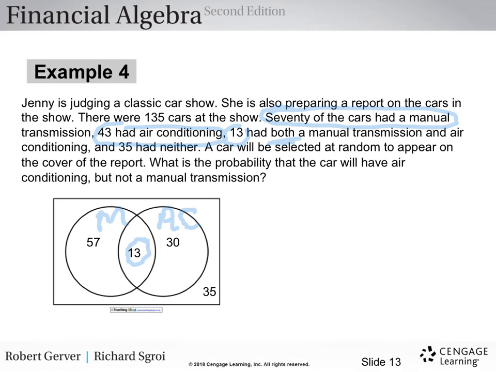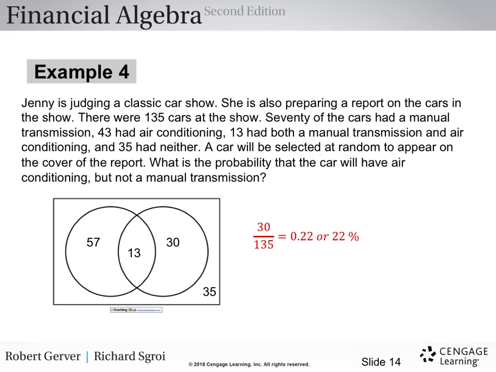That's 13. And 35 had neither air conditioning nor manual transmission. And that's this 35 here. So everything outside the two circles did not have manual transmission and did not have AC. So the question is, what is the probability that the car will have air conditioning but not a manual transmission?